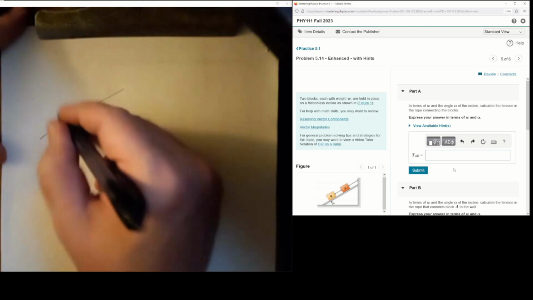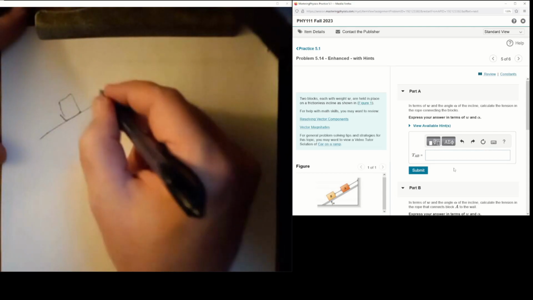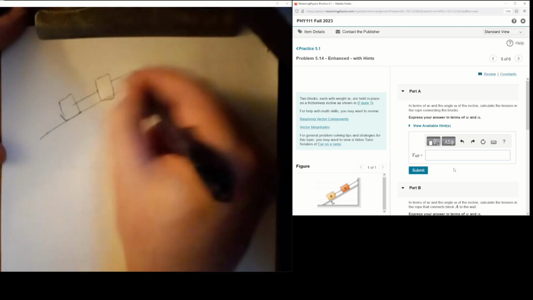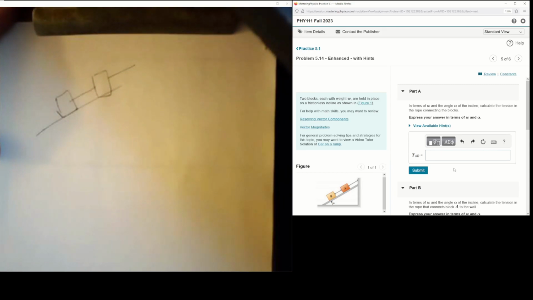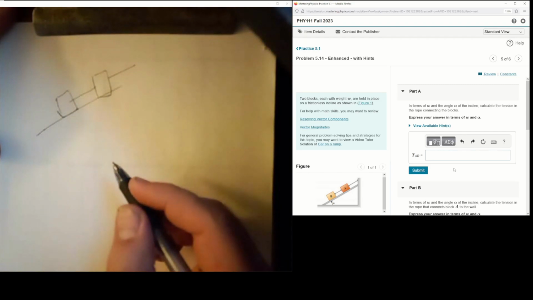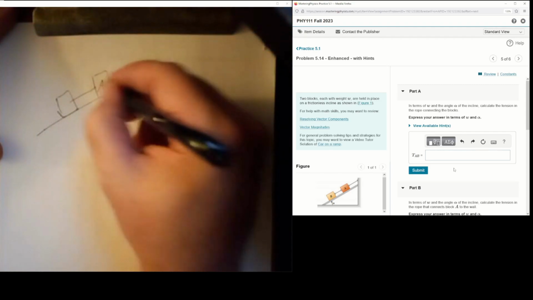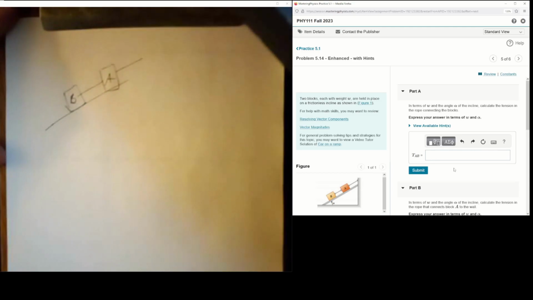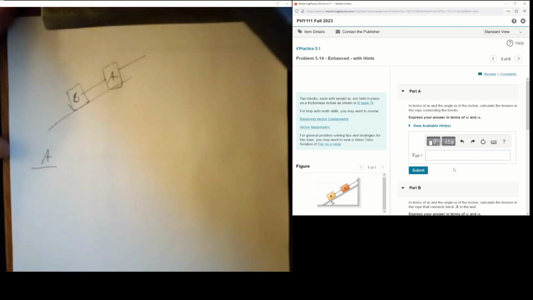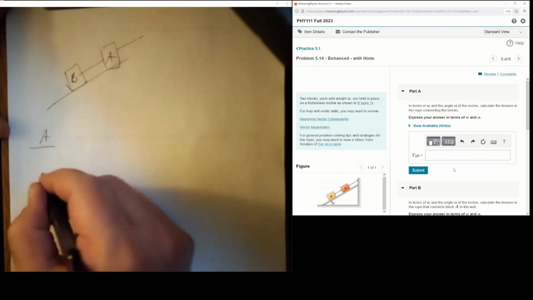So we got a ramp, some blocks, and what are they calling these? A and B? Let's look at A first. So here's the block. It's that dot.